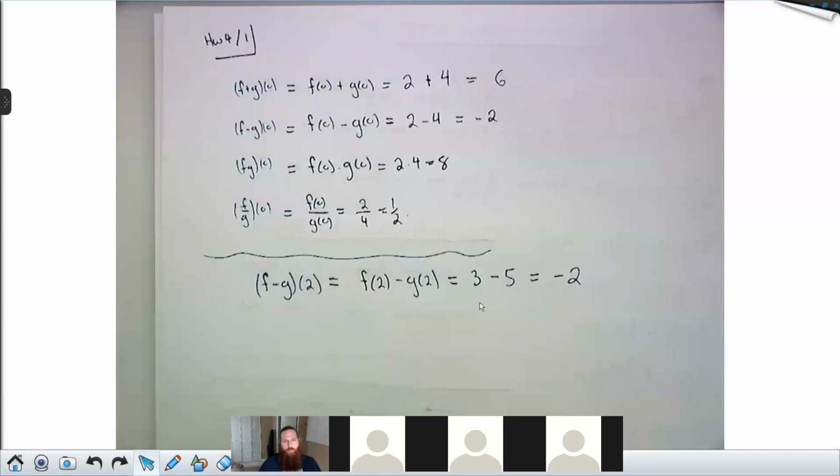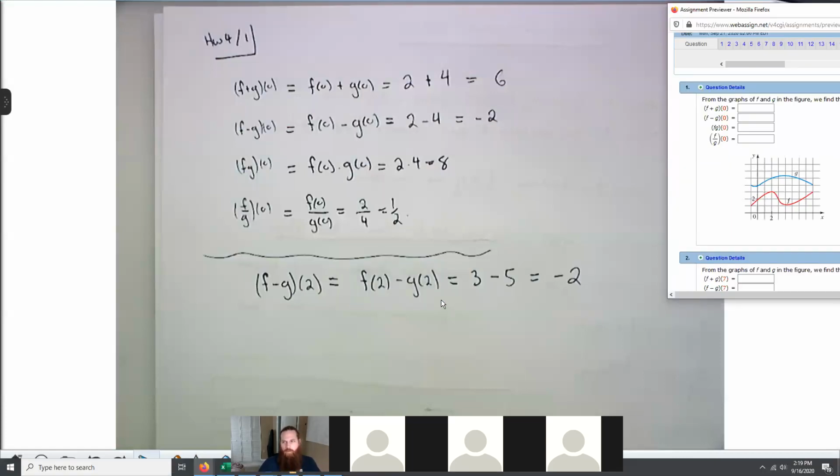Instead of trying to go straight from here to here, if you write this in-between step, that will help you regroup your thoughts. One thing I find people do a little bit is try to hold too much in their head too often. So go ahead and give your brain a break. Let the paper remember for you. What am I doing? Oh, I want to find f minus g of 2. That's the same as f of 2 minus g of 2. And then one at a time, you can go back and look rather than trying to do everything all at once.